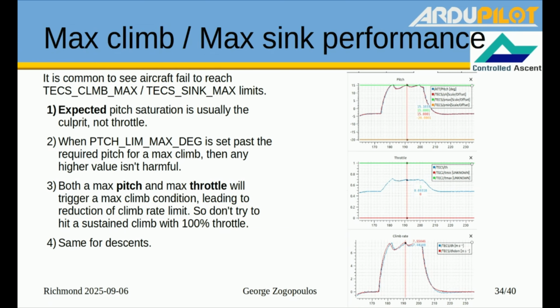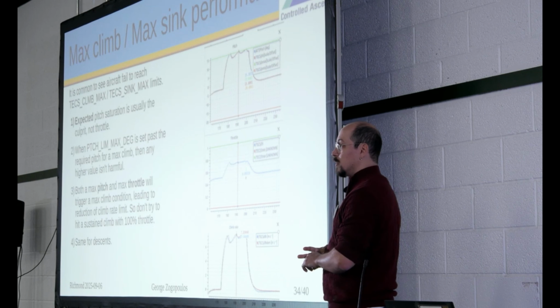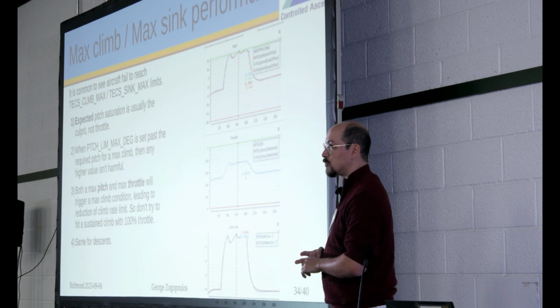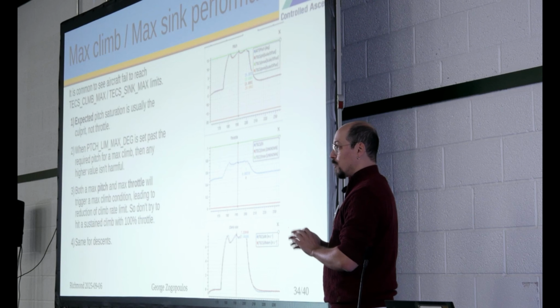But TECS will never do a climb at maximum throttle. Even though the original algorithm from the 80s was designed to do this, our current implementation will not allow it. The best you can do is to try to climb with 90-ish percent throttle for a normal cruise.